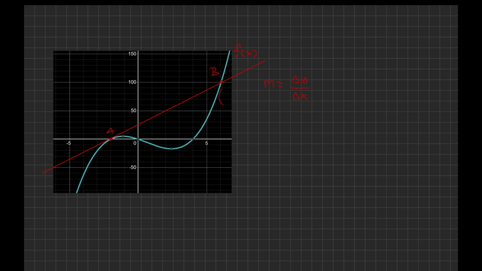The coordinates of that are b, and then f of b, because the y will be equal to f of b, which is the y at the point b. The same thing can be said down here. So this is a and then f of a.